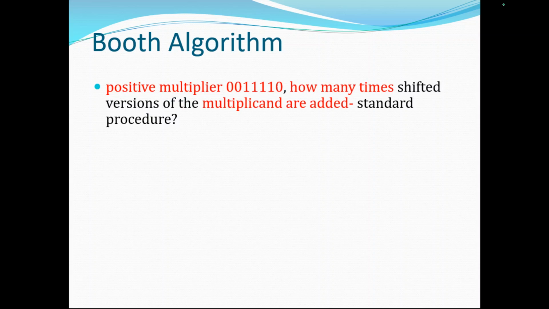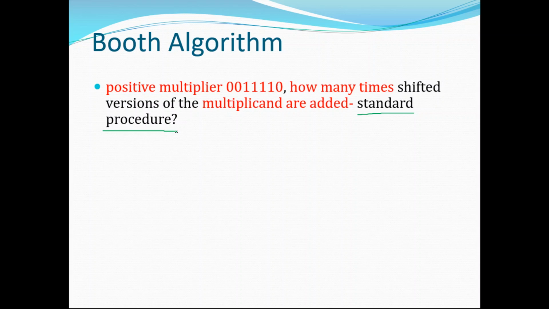So in Booth's algorithm, as I told already, the primary advantage is that the number of times the multiplicand will be added is reduced when compared with the standard procedure. When you compare the number of shifted versions of the multiplicand that are added, Booth's algorithm will reduce the number of repeated additions.